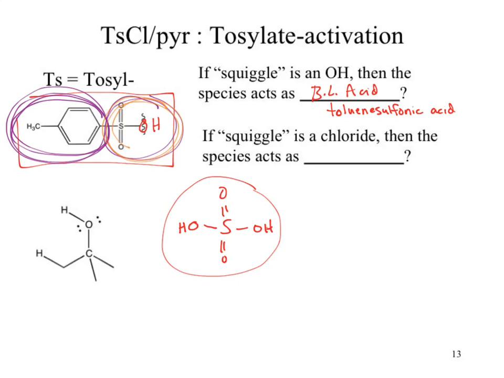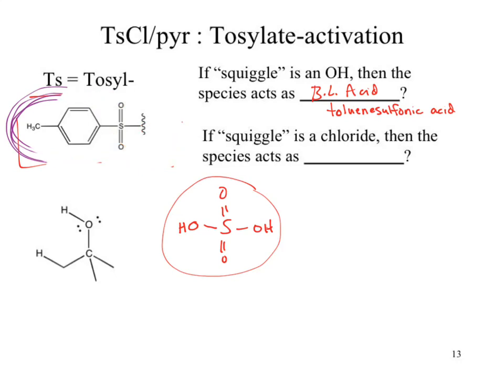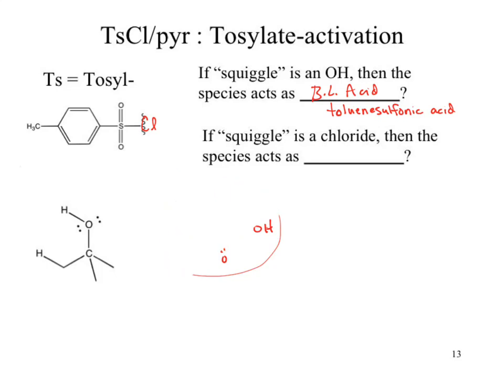All right, now let's switch it up. Where that squiggle, instead of being an OH, is now Cl. What happens now? For it to act as a base, we'd have to have a lone pair to be able to accept hydrogens.